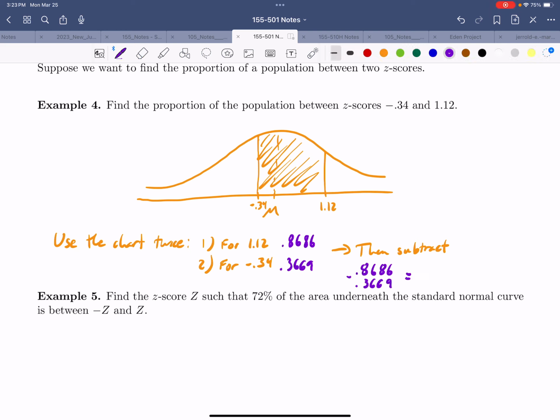It's going to end with a 7, and then a 1, and then a 0, and a 5. Yep, 0.5017. Okay, so that's the area. The proportion of the population in here is 0.5017. So that's how you do example 4.